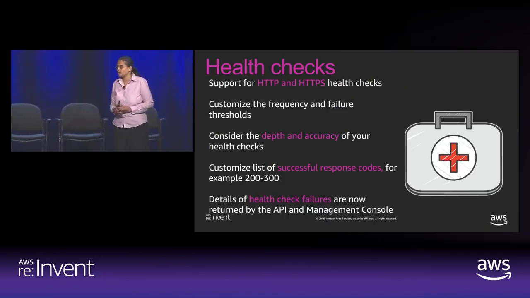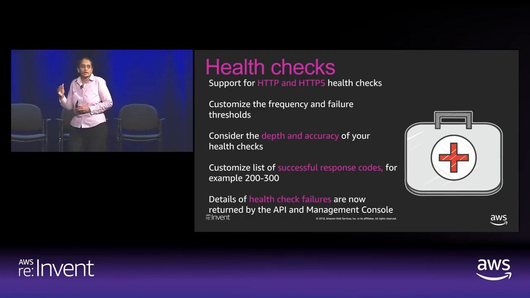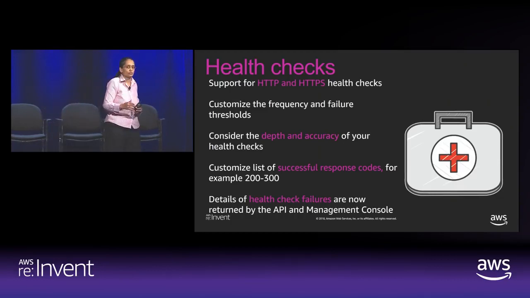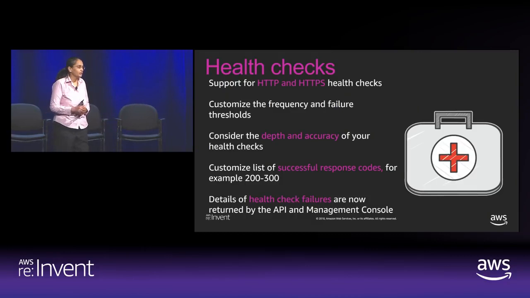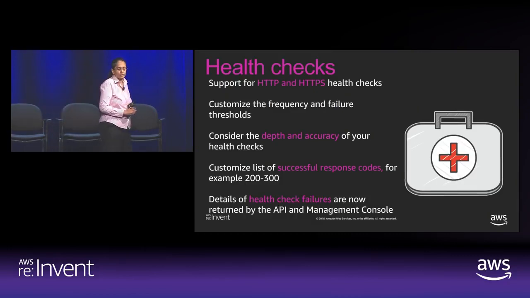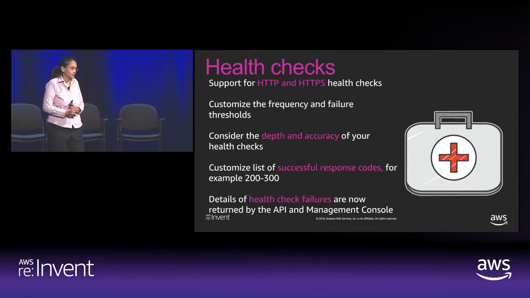The reason we did that was, if you configure a very deep health check, maybe your health check goes somewhere out and takes longer and has more latency, we didn't want to fail that. Hence, we did a fail open behavior. But the general recommendation is to think carefully about what kind of application you're running behind the load balancer, and what the best health check is per application.